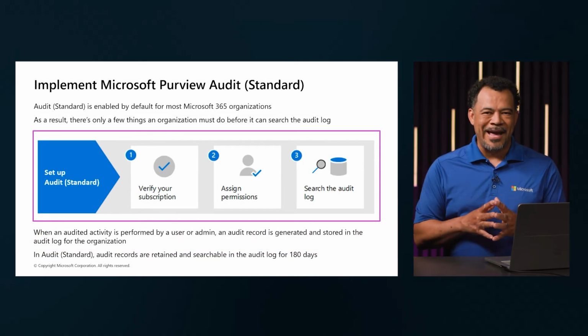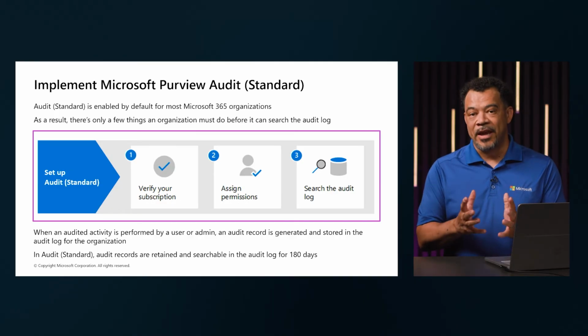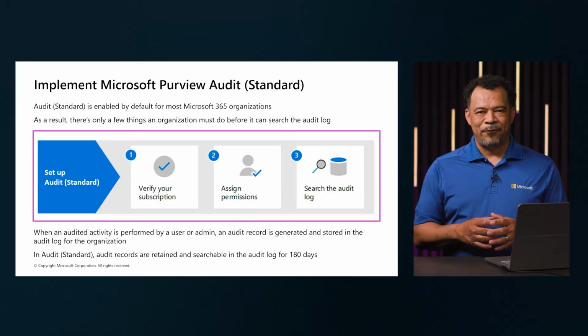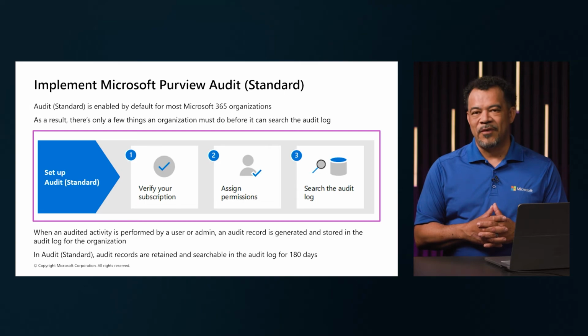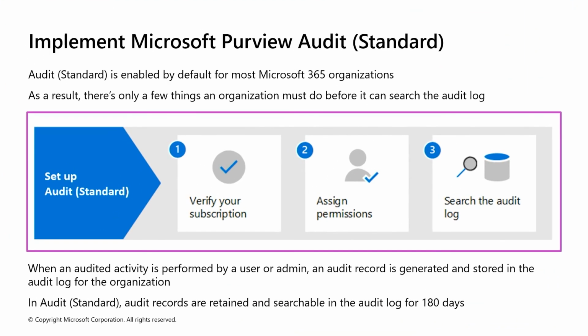Let's take a quick look at how to implement Microsoft Purview Audit Standard. The good news is that for most Microsoft 365 organizations, Audit Standard is enabled by default, so there's not a lot of heavy lifting to get started. There are just a few steps to follow before you can begin searching the audit log. First, you'll want to set up the Audit Standard to ensure everything is properly configured.